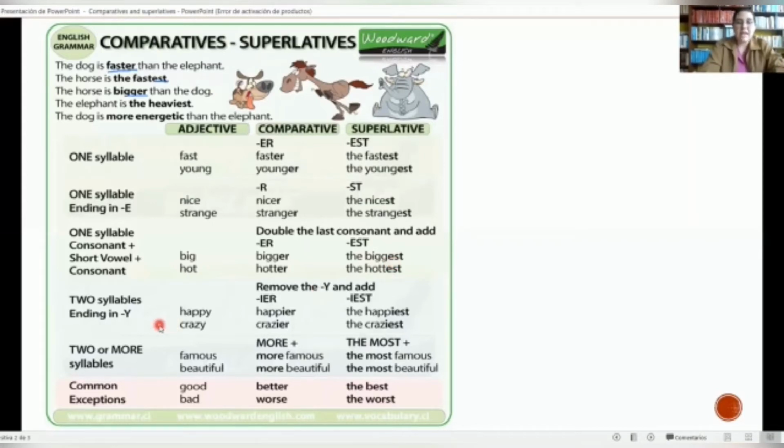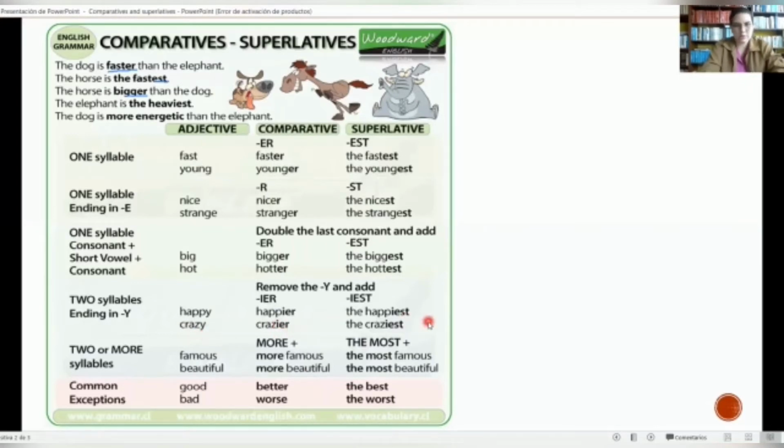Two syllables ending in Y, like happy or crazy. You can say happier: you change the Y, put an I, and put ER. In the superlative, you do the same. Change the Y, put an I, and then EST.